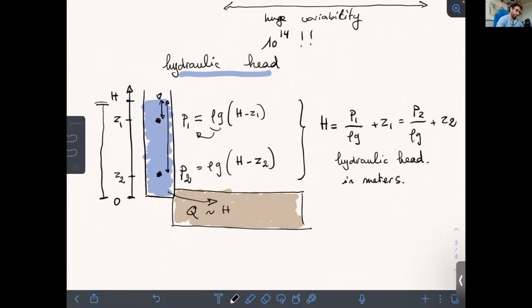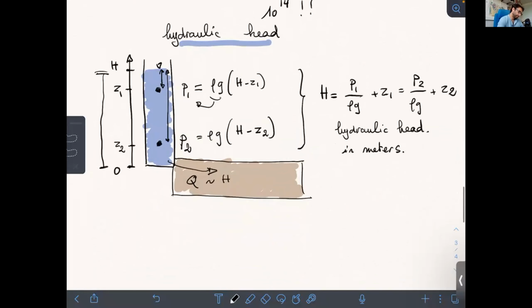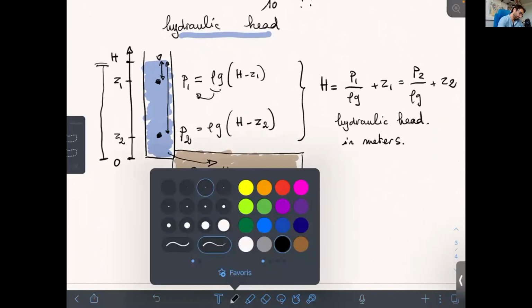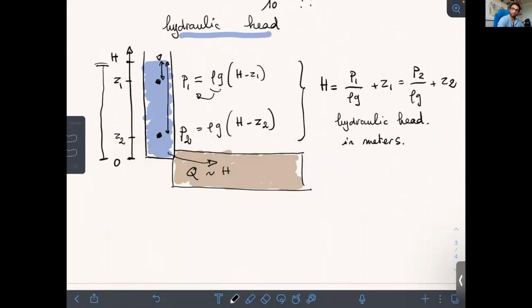And so if we take fresh water, in fresh water we know that 10 meters of water equals 1 bar of pressure.